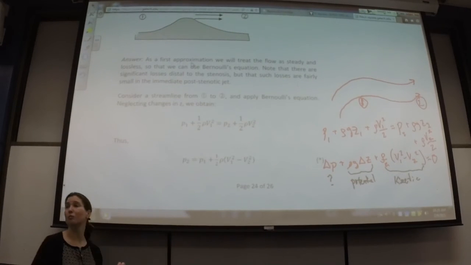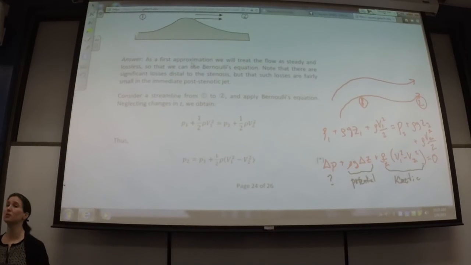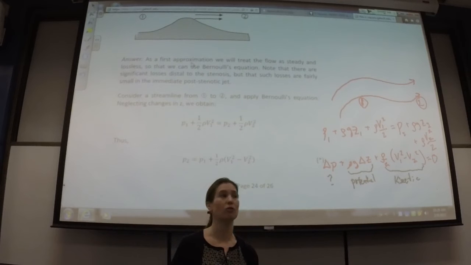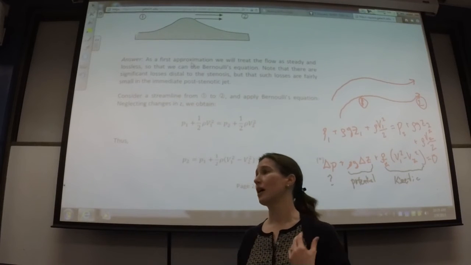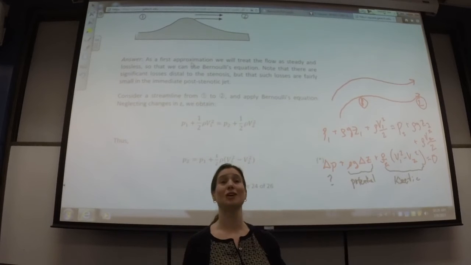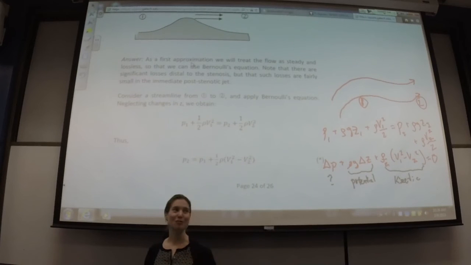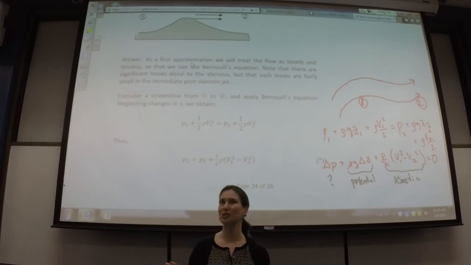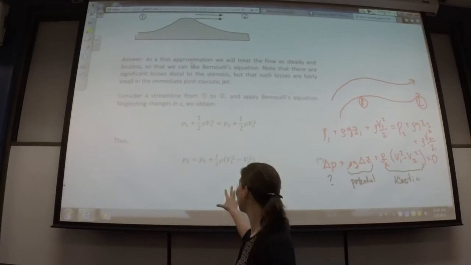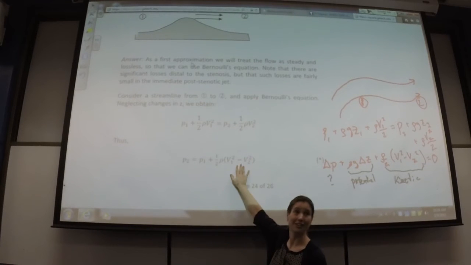Now, I've mentioned before that we want to be able to say things in terms of cross-sectional area, average flow rates, all of these things. We can take advantage of our V1A1 equals V2A2 in order to fold that into what we've got here.